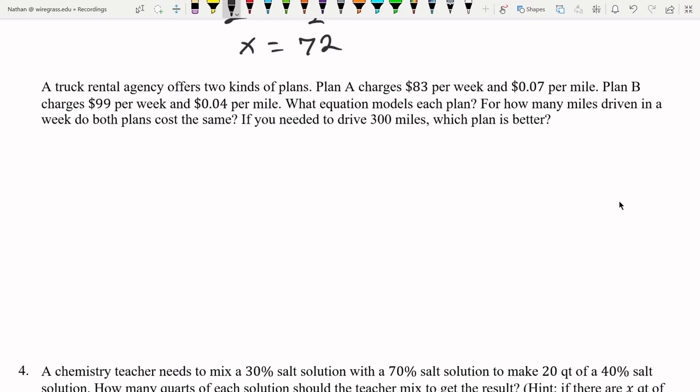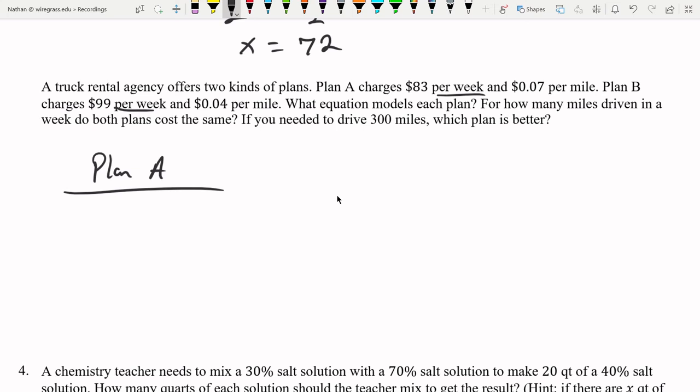Well, the first question is what equation models each plan? That's where you're looking at plan A being this per week portion. It might be a little confusing. We're only considering having a truck rented for a single week. We're not considering multiple weeks here.